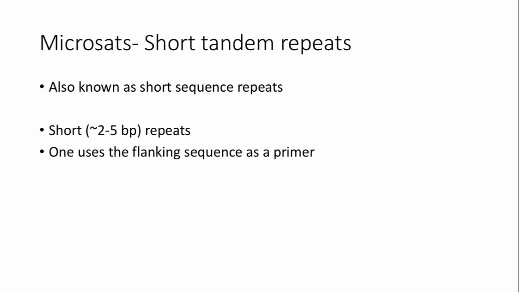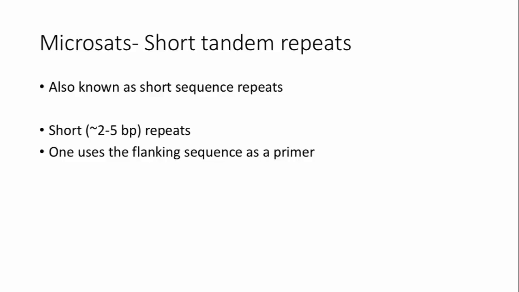So if we have a repetitive region called a short tandem repeat or a microsatellite, where there's a 2 to 5 base pair repeat, like an AC, AC, AC, that's repeated a certain number of times. And what varies is not the sequence of the repeat, but the number of repeats that an individual has.